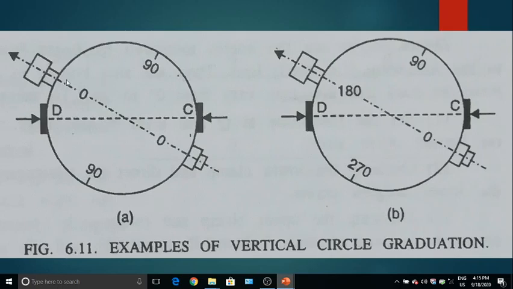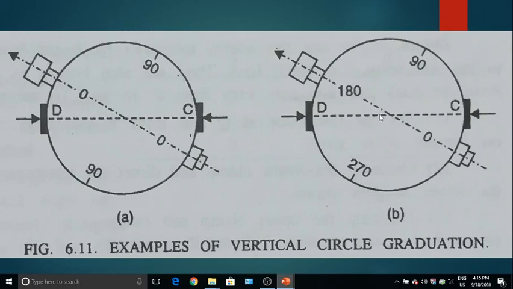But when you rotate the telescope, as this vertical circle is mounted to the telescope, along with the telescope the vertical circle main scale itself moves, and thereby, as the zero of vernier scales C and D cannot be moved, we can measure the vertical angle difference when you rotate the telescope, right?